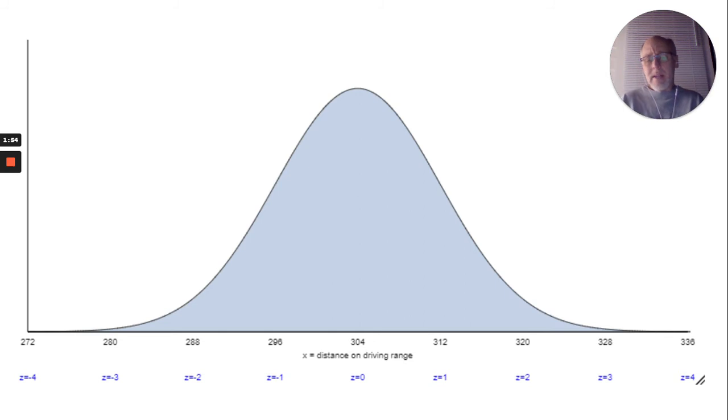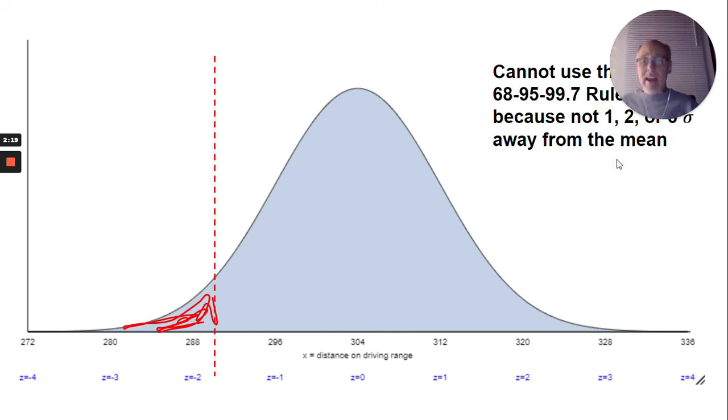Now, we're interested in the chance that his ball goes no more than 290 yards. We see here that 290 yards is not either 1 or 2 standard deviations below the mean. We see that it's below the mean, but it's neither one of those.